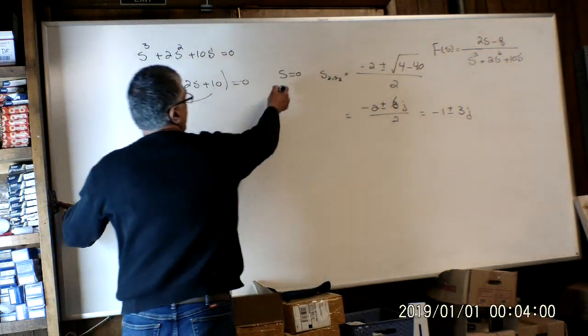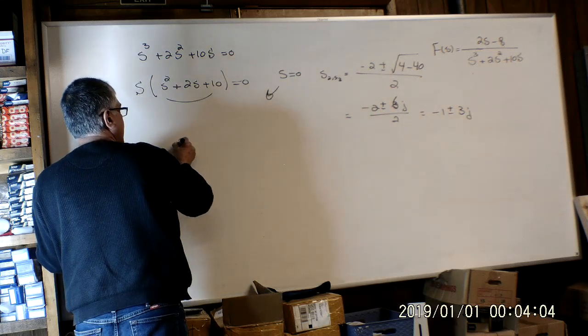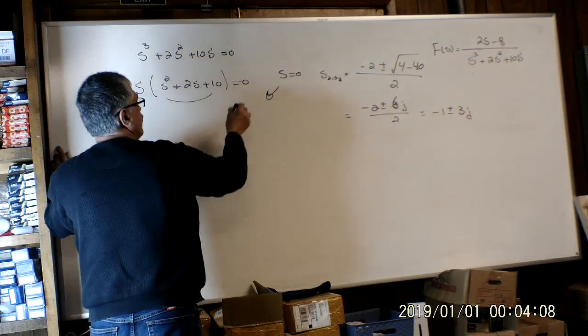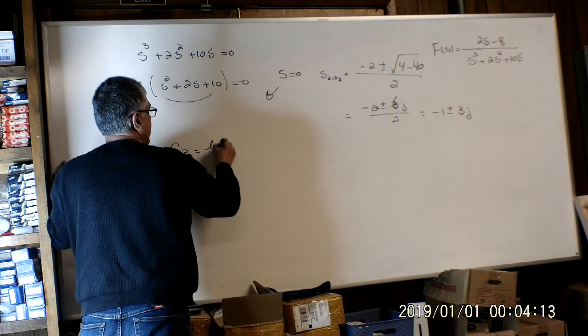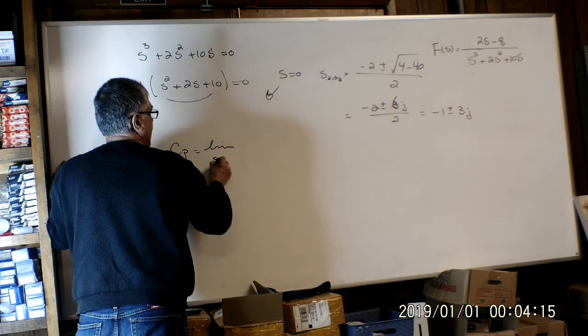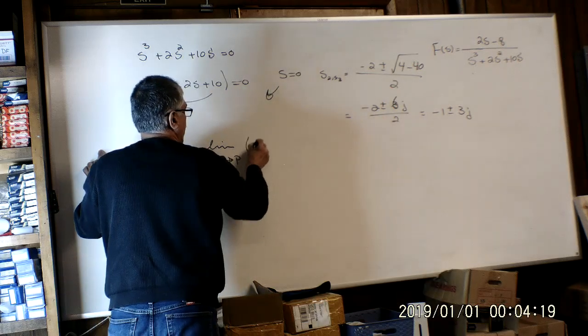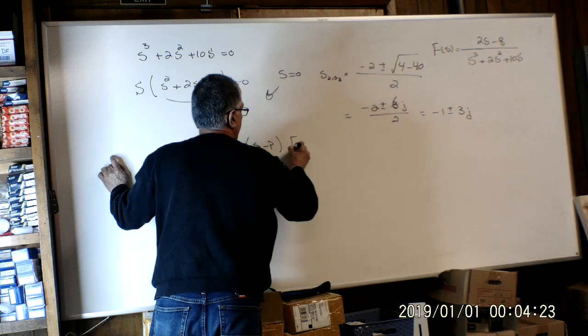So for the real portion, we know that the constant associated with our pole will be equal to the limit as s approaches our pole of (s minus p) multiplied by F(s).